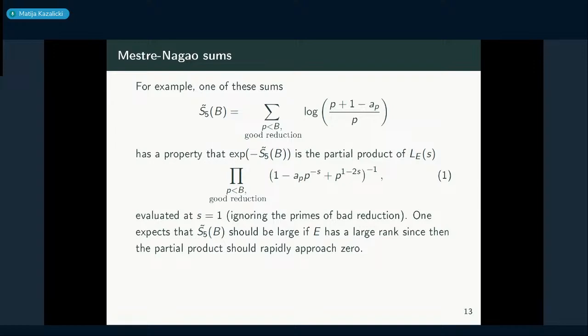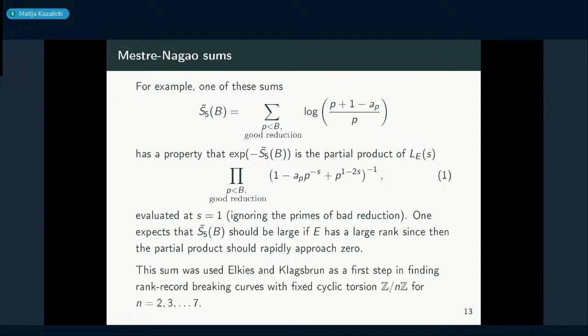In general, this does not converge, but we're just looking at the product over primes less than B. And then one expects this sum to be larger if E has a large rank, since then this partial product should rapidly approach 0. This sum, for example, was used by Elkies and Klagsbrun as a first step in finding record-breaking rank curves with fixed cyclic torsion.